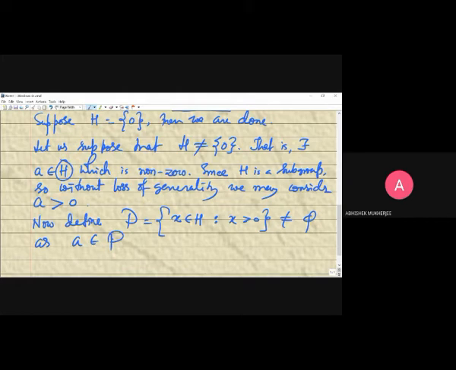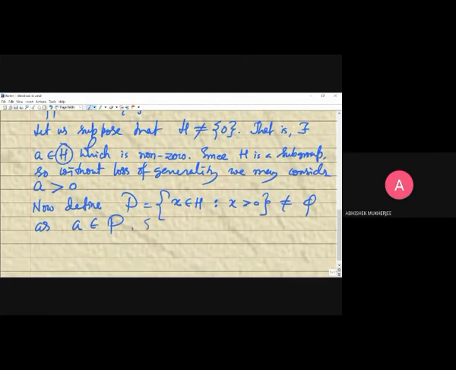So P is a non-empty subset of the set of naturals N. So using the well ordering principle, every non-empty subset of N must have a least element.